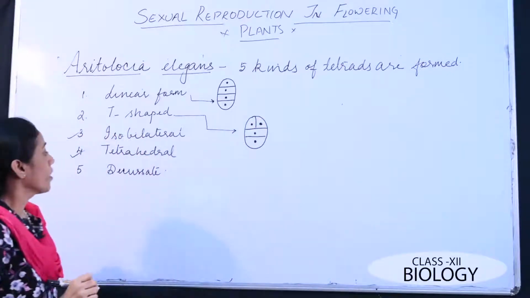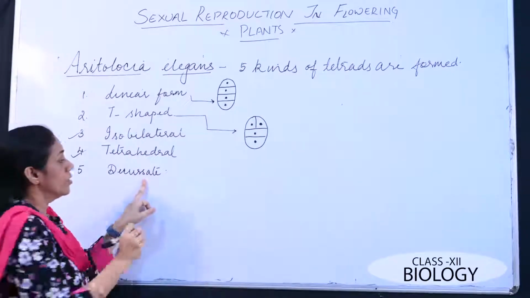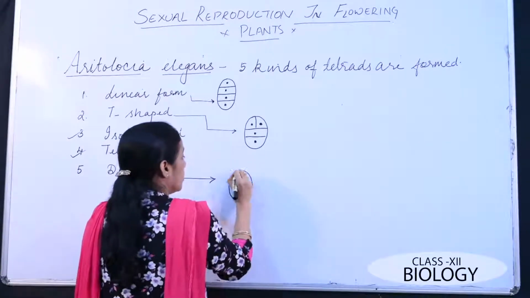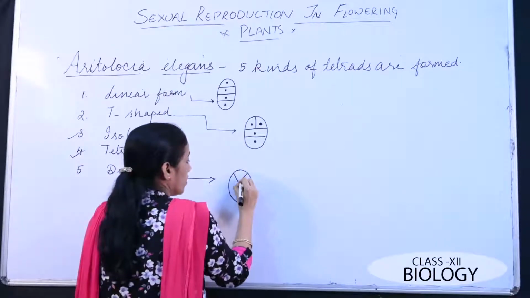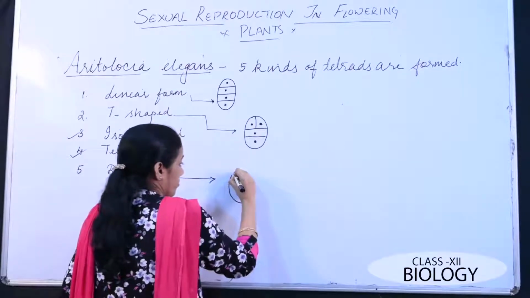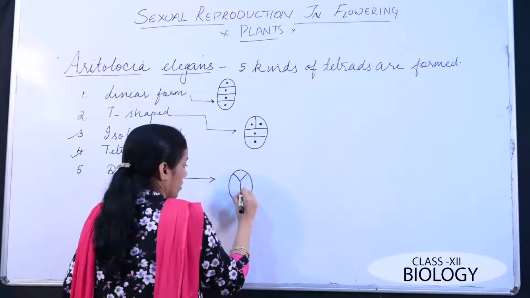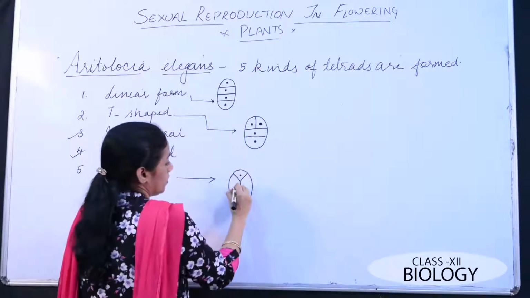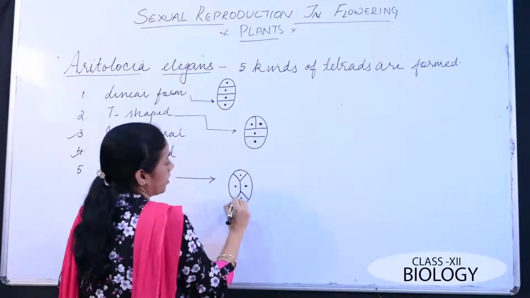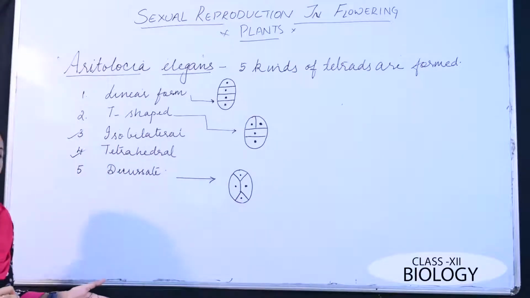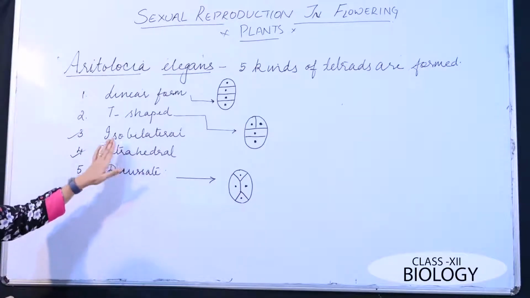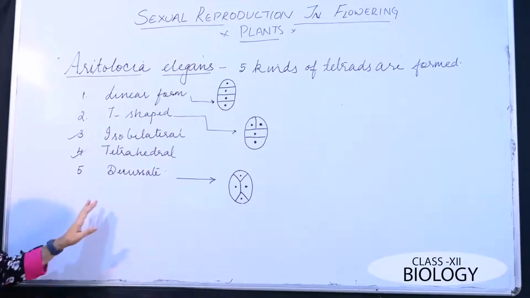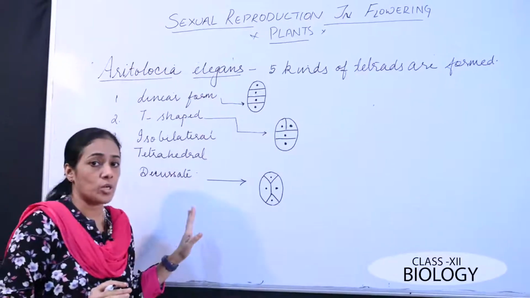Okay. And what about this decussate? The decussate will be of this kind. The cells will be arranged in this fashion. Okay. The other two you know very well. So these are the 5 kinds of tetrad which is generally seen in the case of the dicots.